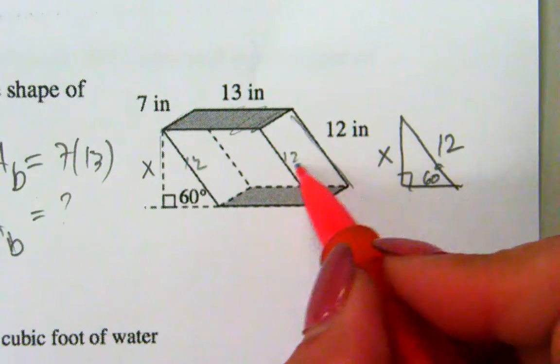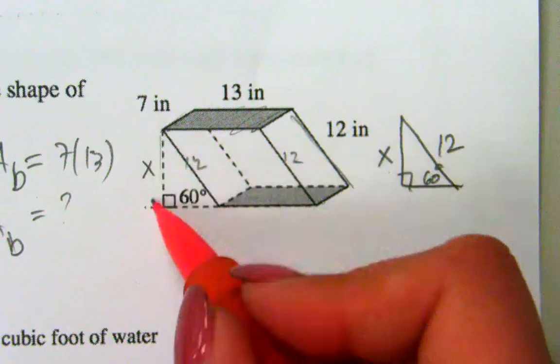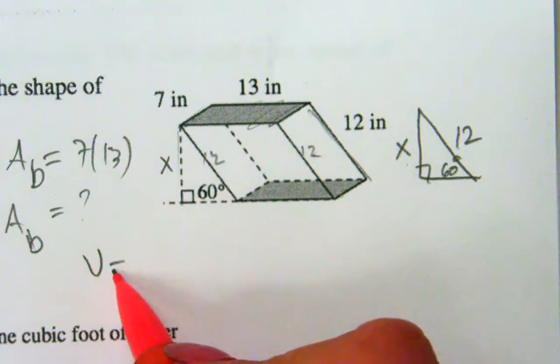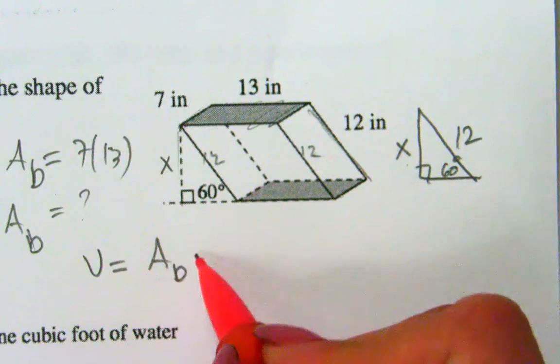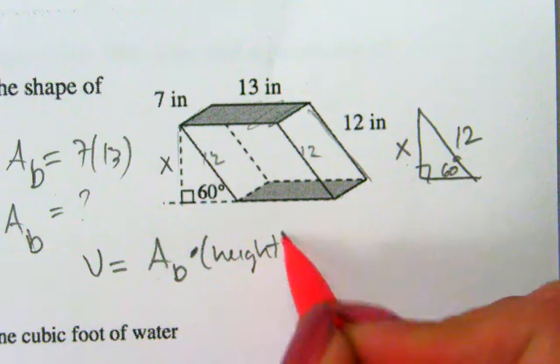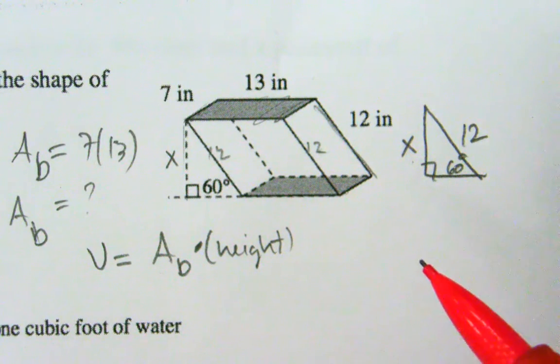So what's the height of this actual piece? So that'll be the height of your prism. So your volume is going to be equal to area of your base times your height whenever you find it. And you should be using trig to find it. And that should be good to go.